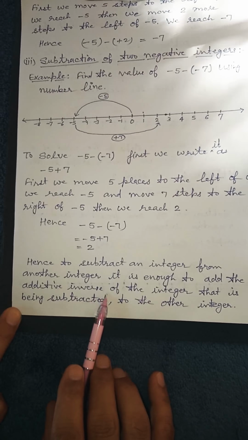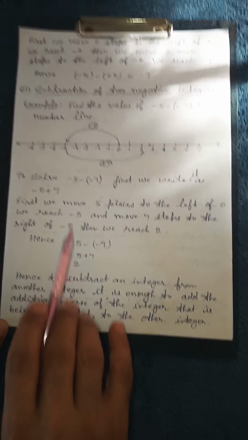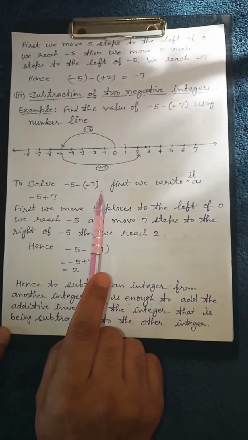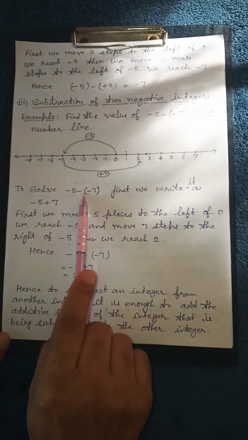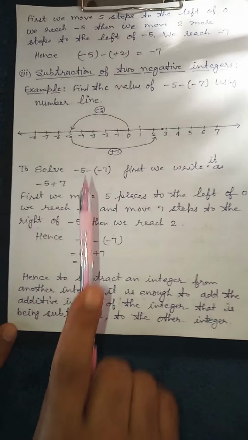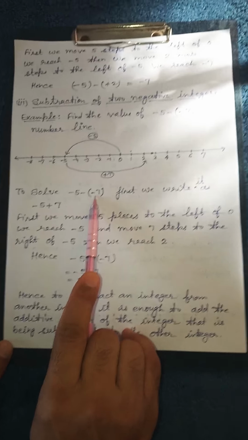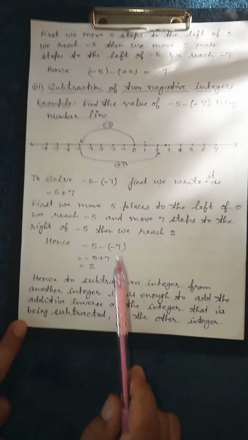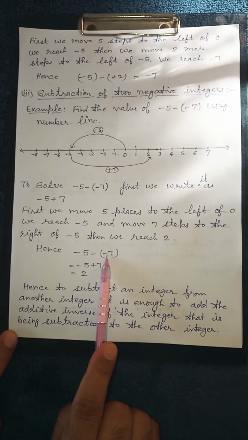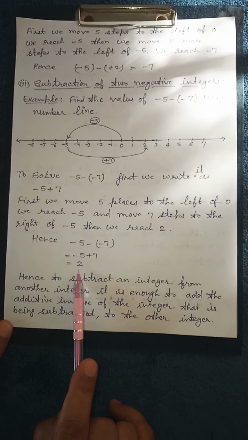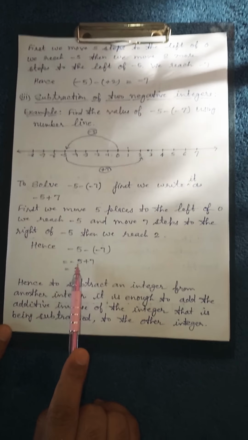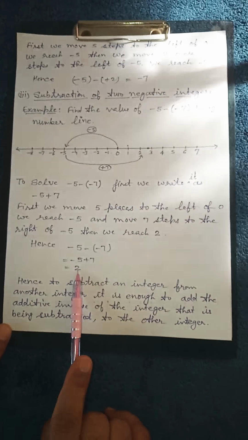To illustrate this statement, we can see here minus 5 minus of minus 7, then additive inverse of minus 7 is 7. So we simply add additive inverse of minus 7, that is 7, to the first integer minus 5, and we get the answer as 2 because here 7 is greater and 5 is less. Therefore we get 2 as answer.